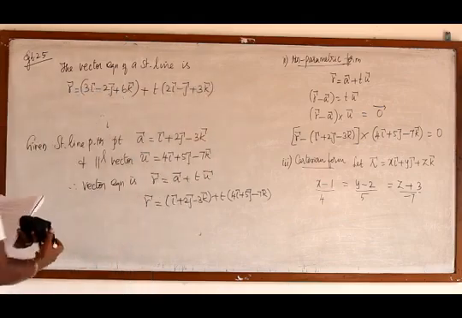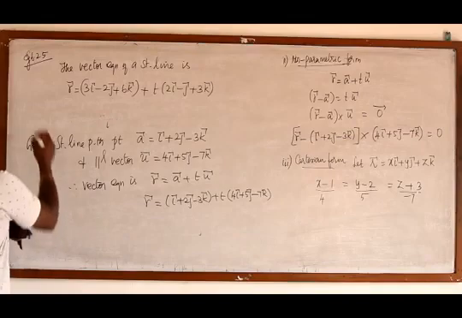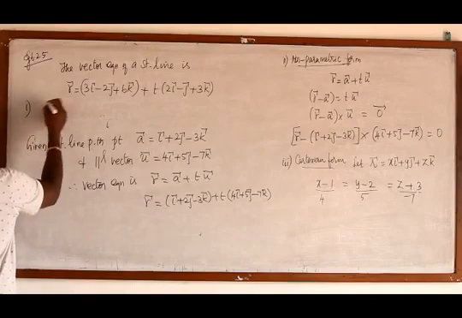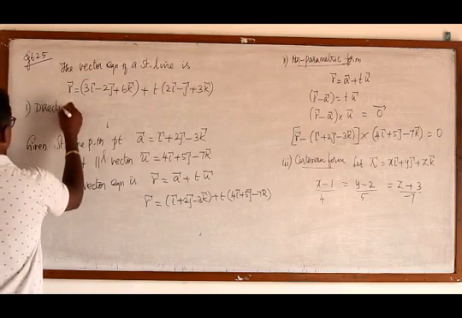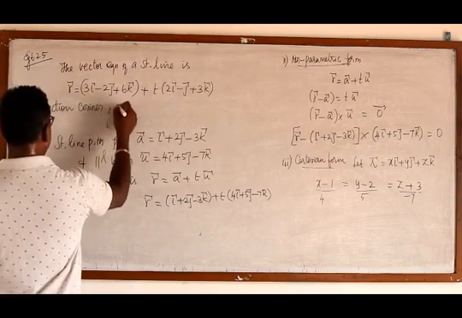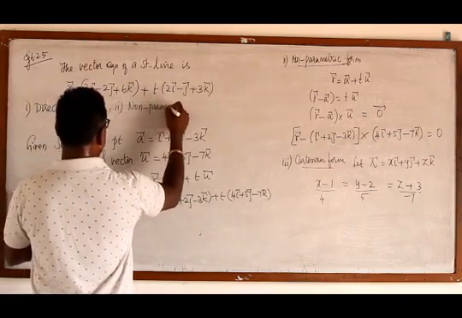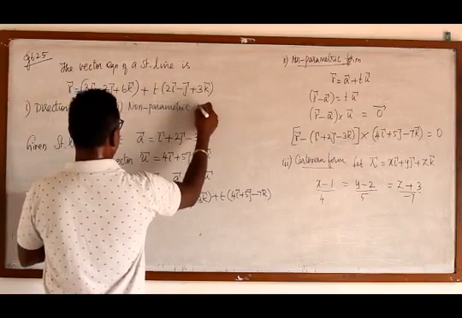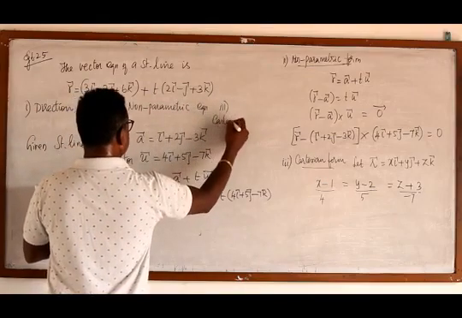So they gave the equation of the straight line. They are asking for the vector equation in non-parametric form, the vector equation in Cartesian form, and also the direction cosines. First I will write the direction cosines. Second, the non-parametric form equation. Third, the Cartesian form.